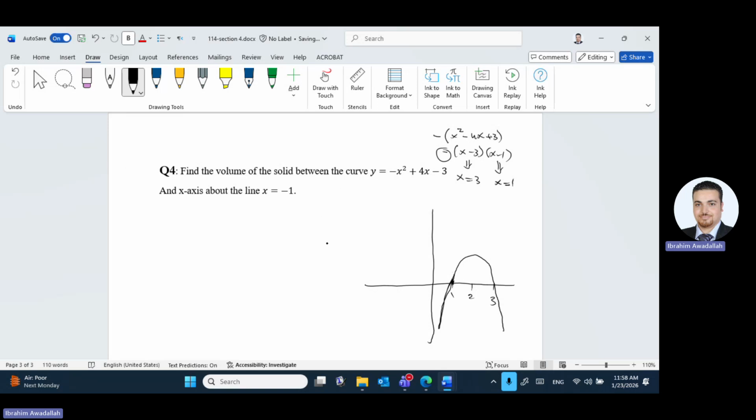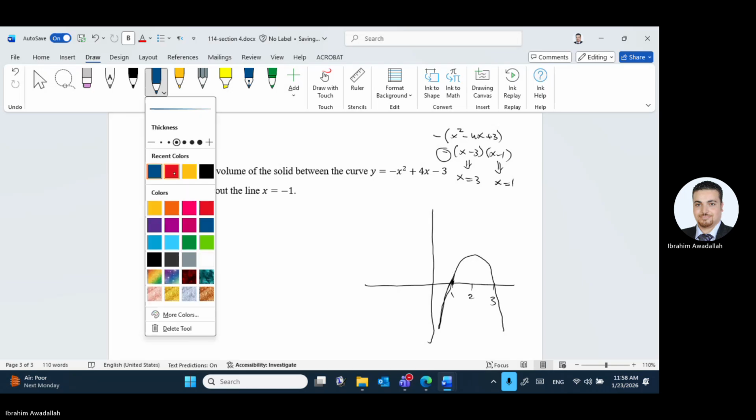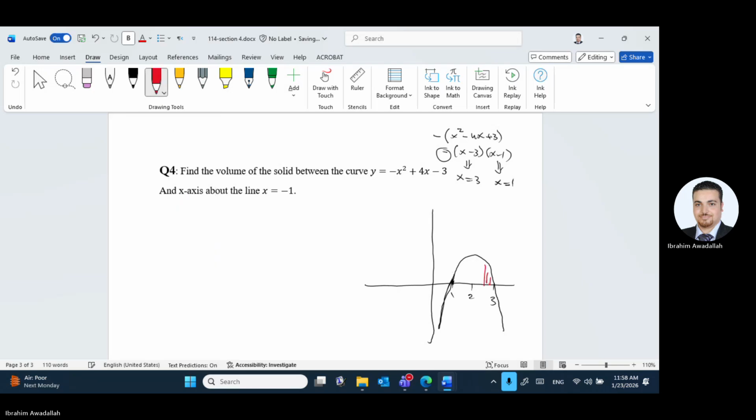That means this is my solid. And this is revolving about the line x equals minus 1. Here is x equals minus 1. So the revolving will not be on the y-axis. So this will not be revolving like this. No, it's like this.